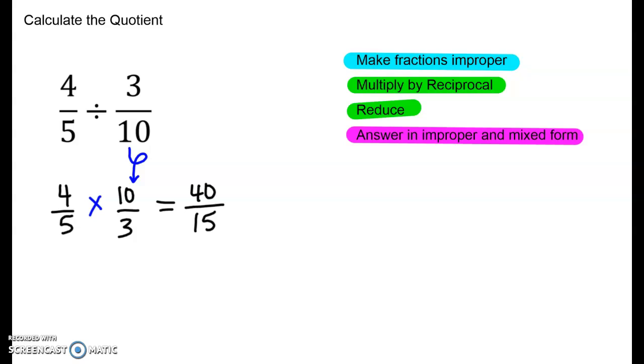Good. Third step is always to reduce. So we see here that these end in 0 and 5, so for sure it can be divisible by 5. And we would get 8/3. We are also going to leave this in mixed form. 3 can be put into 2 groups with 2 left over. Excellent.